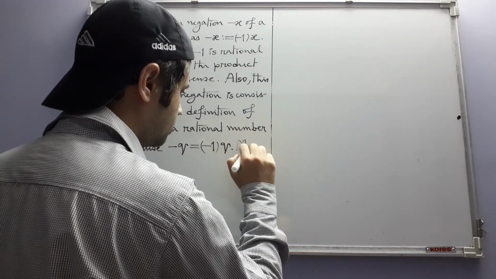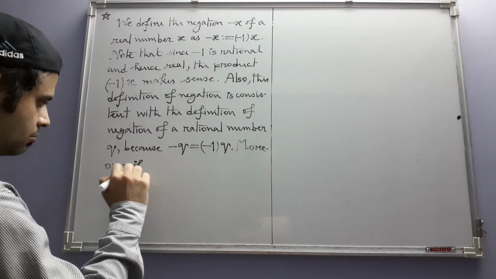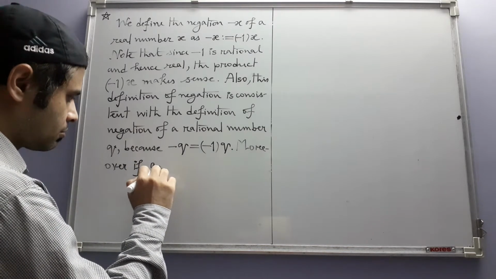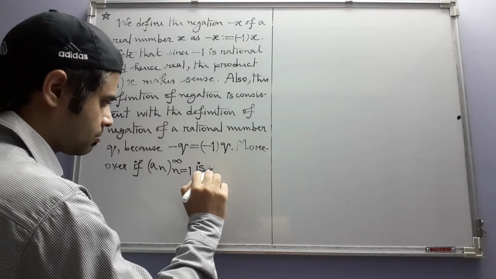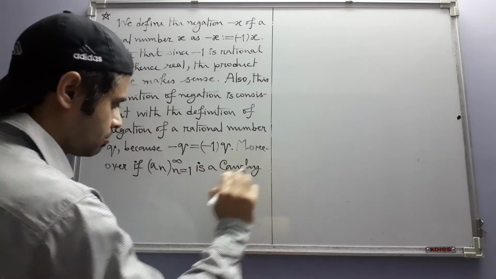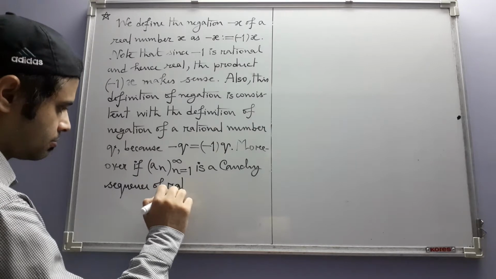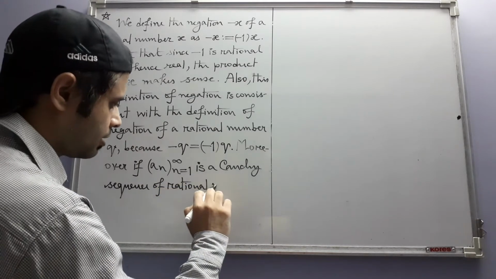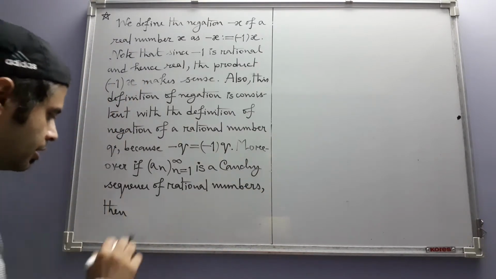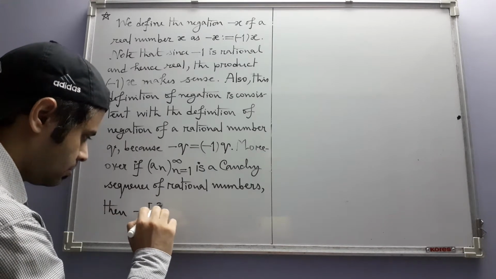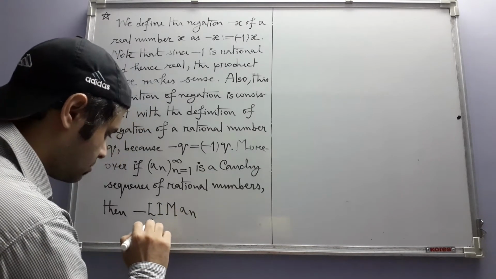Moreover, if an is a Cauchy sequence of rational numbers, then its formal limit by definition of real numbers is a real number.